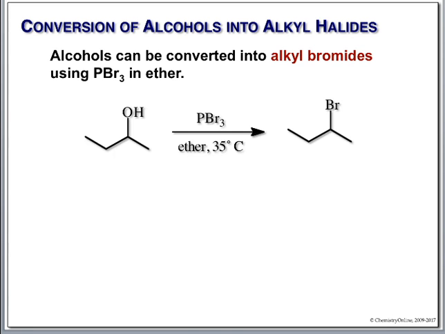The Br minus can then attack in an SN2 style to give you a very nice, clean alkyl bromide. So the steps look something like this. Step 1, we're going to take our OH group, attack the phosphorus, and bromine leaves. So we get this phosphide ester.